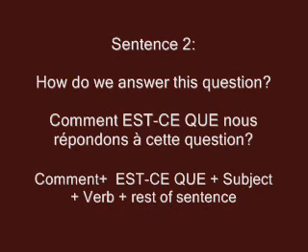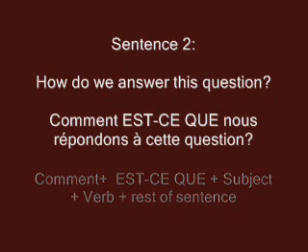Which is how do we answer this question? Here we have comment plus est-ce que plus the subject nous, which comes first, and répondons, which is the verb, and à cette question, which is the rest of the sentence.